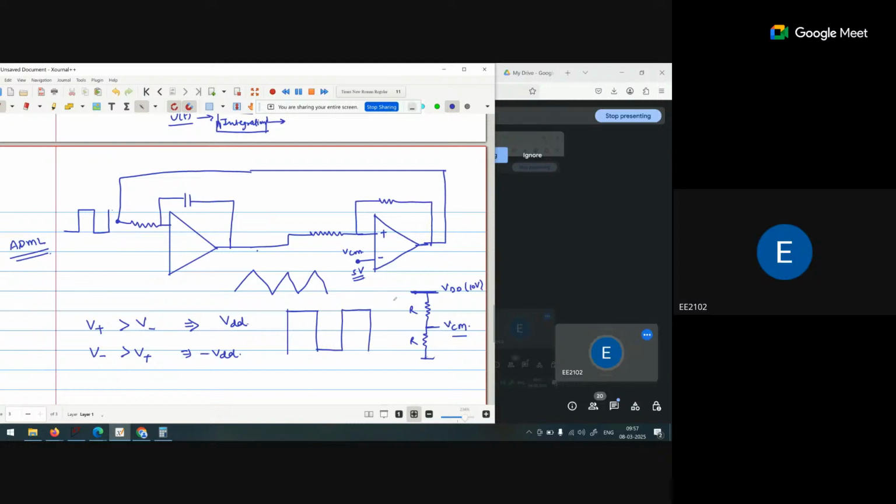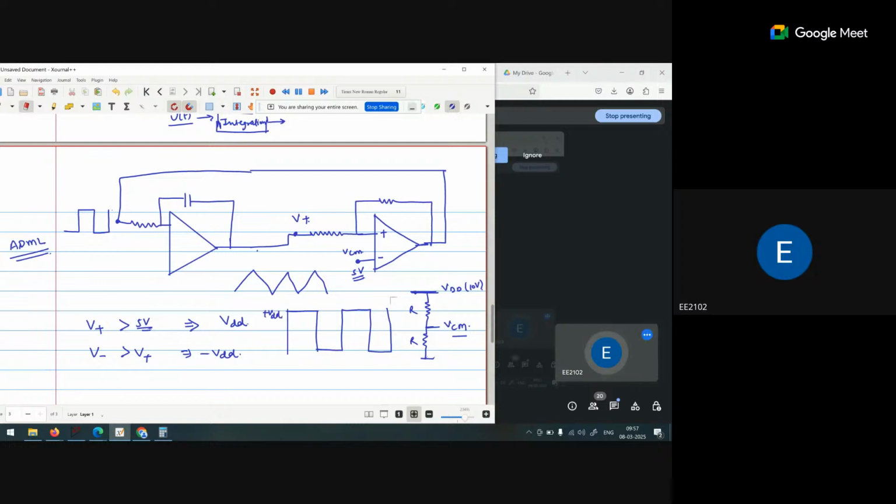On the basis of this, if the V positive voltage is greater than VCM, and VCM is constant at 5 volt, since VDD is 10 volt, then if V positive is greater than 5 volt, we get plus VDD.